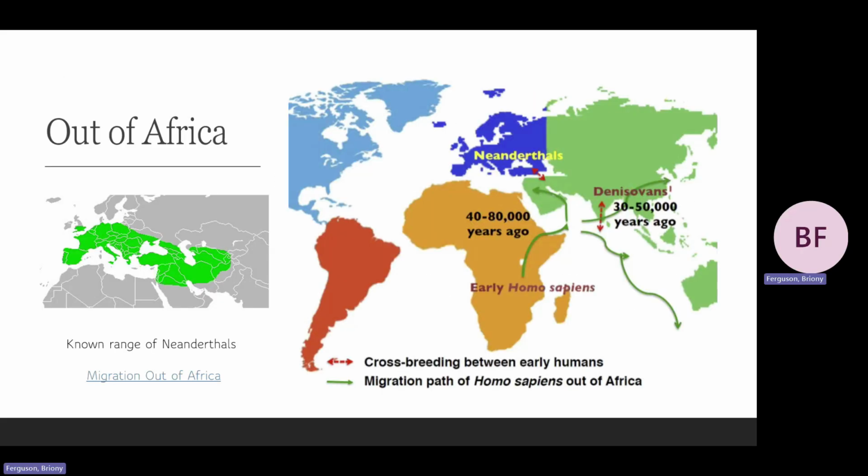And by the way, plenty of people still like to argue the out of Africa hypothesis, that early Homo sapiens and all other early human ancestors migrated out of Africa, and that Africa is kind of the birthplace of humanity. You can argue it, but the fossil record, historical documentation, and like folklore, as well as newer DNA evidence, all support this theory.